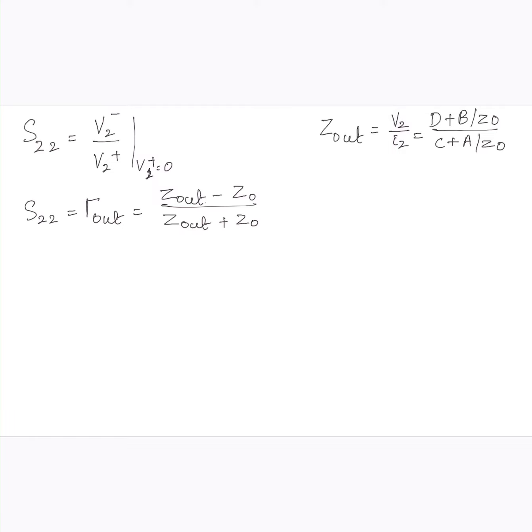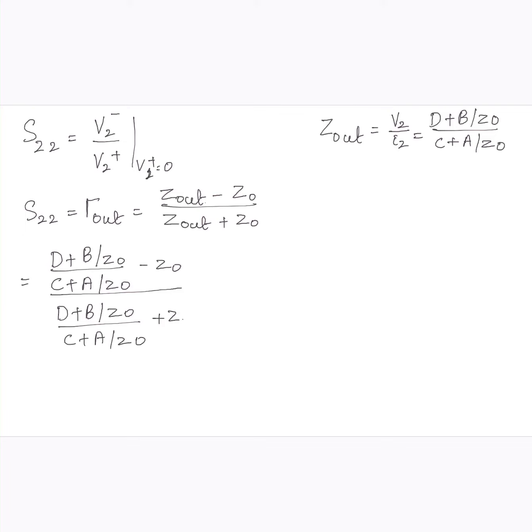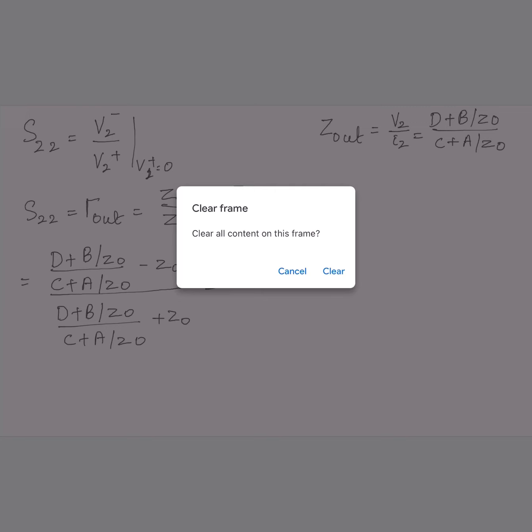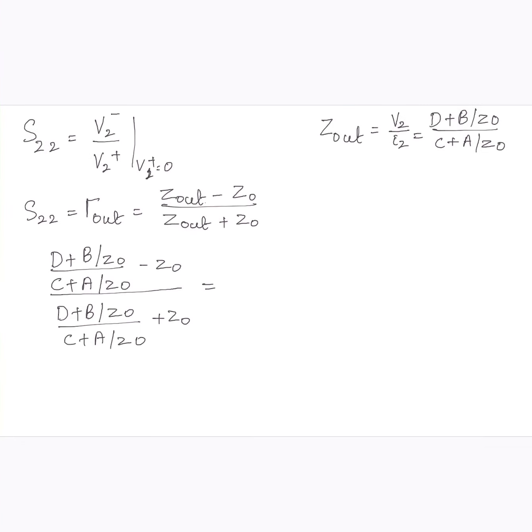So substituting Z out, this can be written as (D plus B by Z naught divided by C plus A by Z naught) minus Z naught, divided by (D plus B by Z naught divided by C plus A by Z naught) plus Z naught.